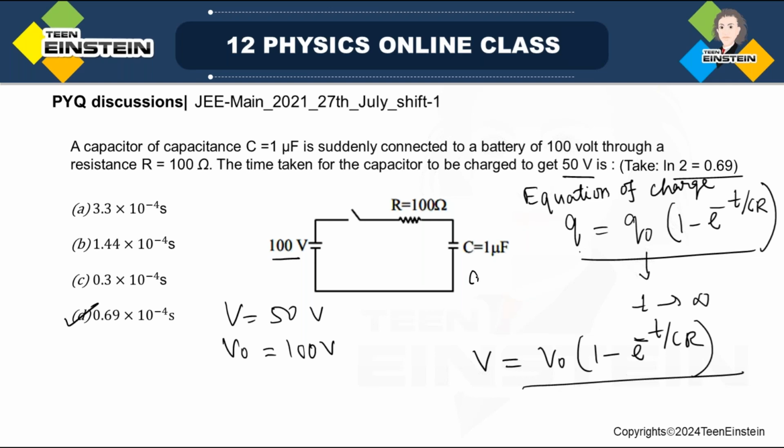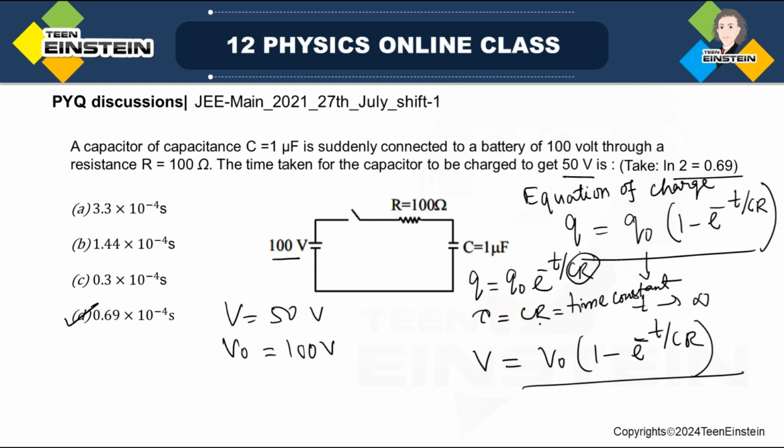For discharging, we have to write Q is equal to Q0 e to the power minus t by CR, and this CR is called tau, and this is called time constant. Sometimes you might be asked to find the time constant instead of finding t. So that time you have to remember time constant means CR. In that case the time t will be given.